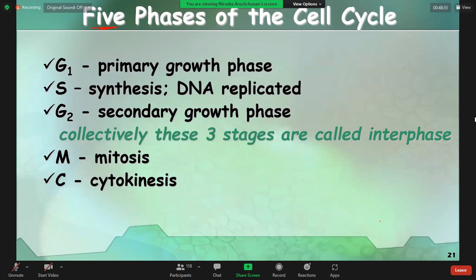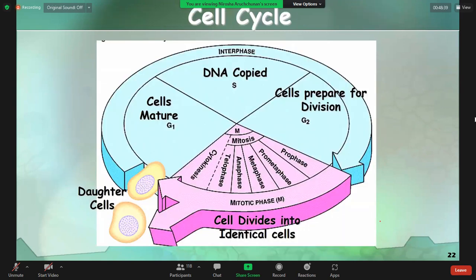I think the time is 7:30. So we need to discuss further how these phases happen, their duration, what the processes are, and how every phase and step is organized to produce the two daughter cells.